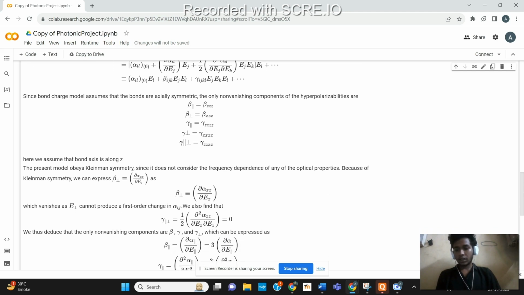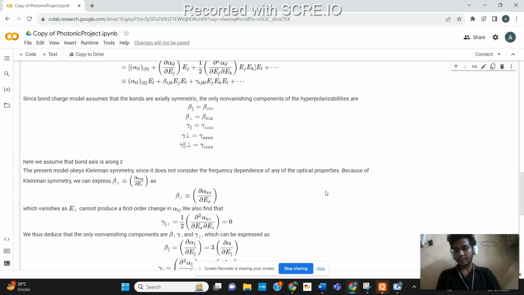The present model obeys Kleinman symmetry since it does not consider the frequency dependence of any of the optical properties.